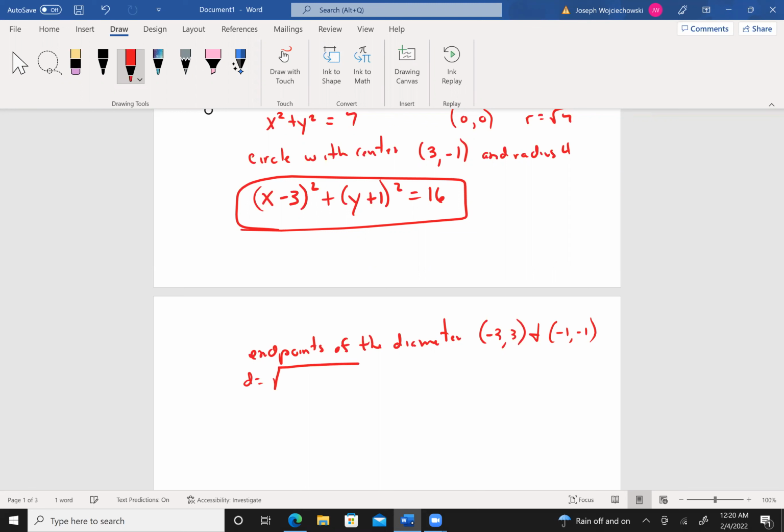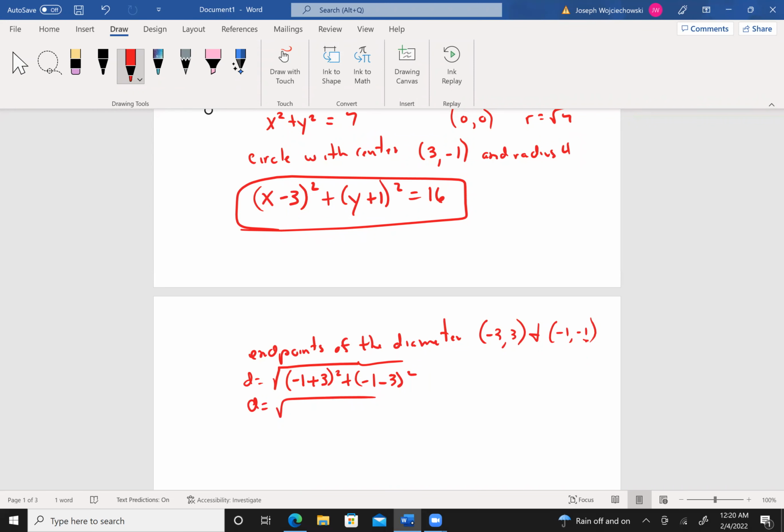Square root of -1 minus the -3 squared plus -1 minus 3 squared. That's going to give me my distance.